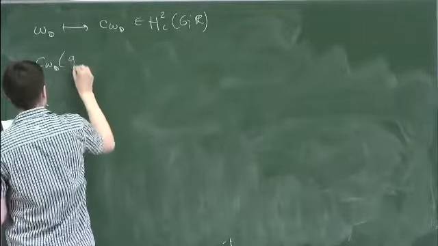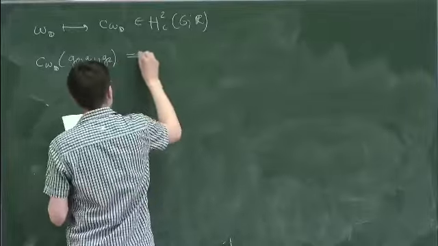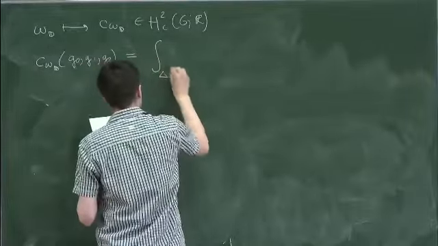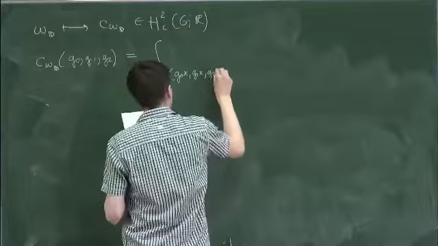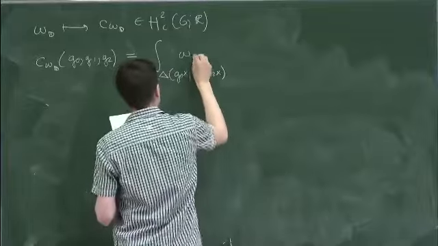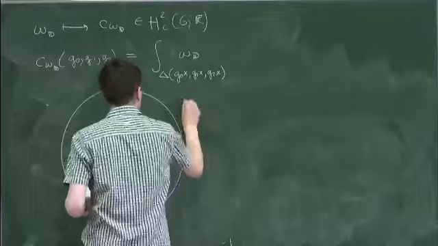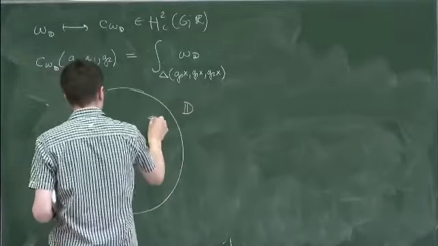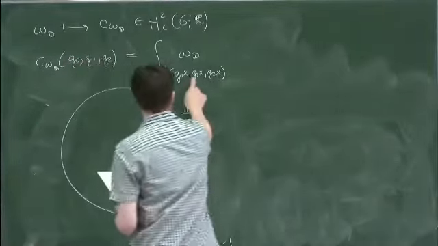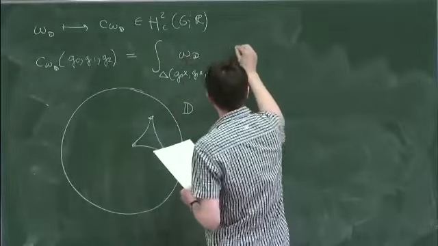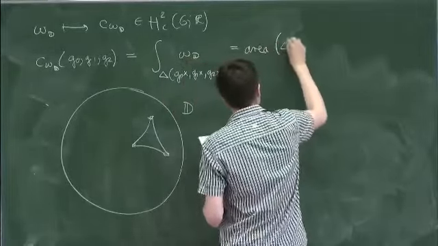We plug in 3 points and take the integral over the geodesic triangle. If this is the Poincaré disk, we get something which looks like that, for instance, depending on these points. And now it's a well-known fact: this is the area of this triangle.